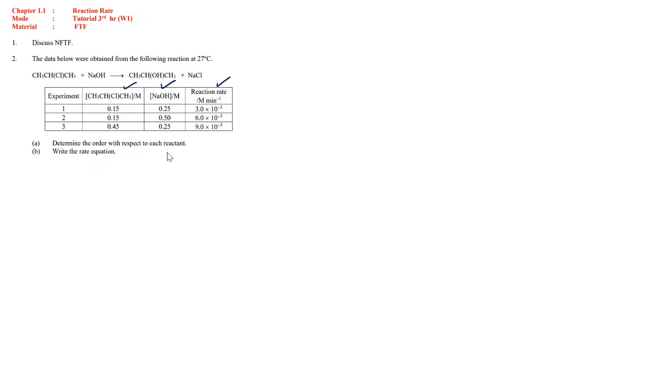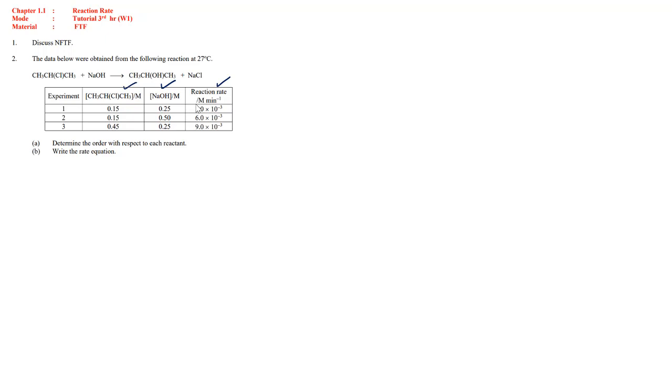Okay, the first question is determine the order with respect to each reactant. Bila soalan tanya the order of reaction ataupun the order with respect to each reactant, dan kita ada a set of data seperti ini, minimum 3 data, kita ada reaction rate, kita ada concentration of reactants, maka untuk menyelesaikannya kita akan gunakan kaedah yang dipanggil initial rate method.